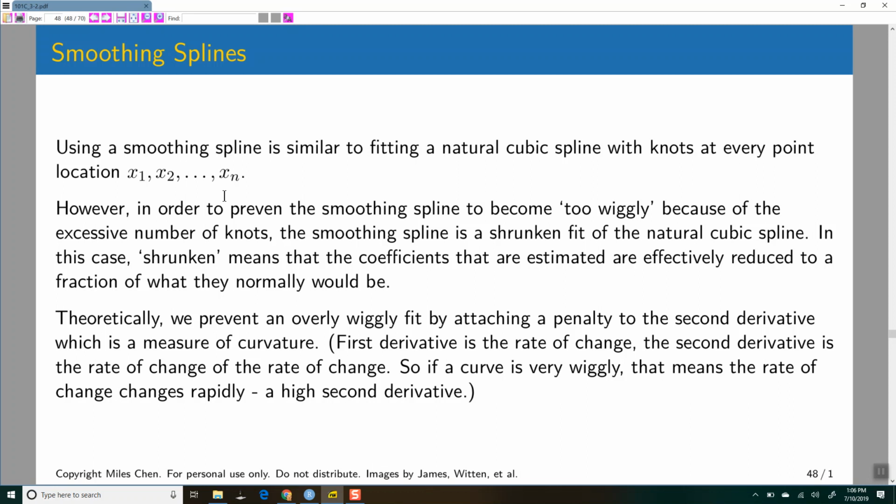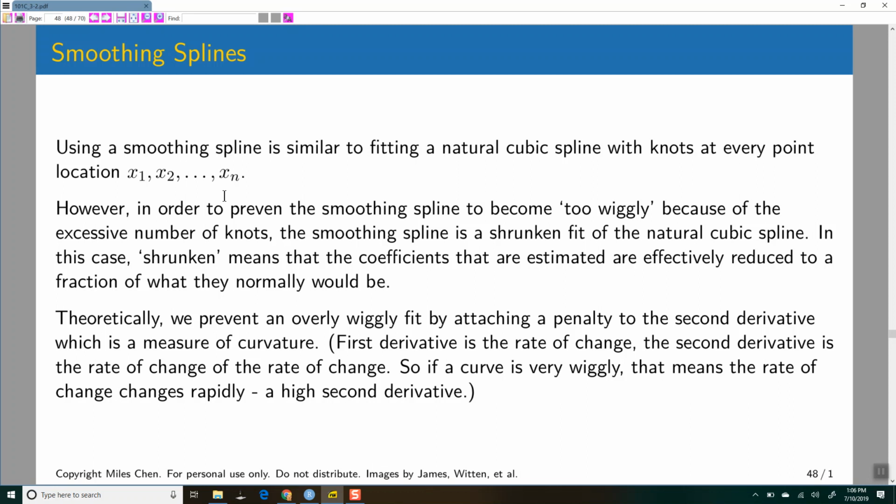So basically, it's this shrinkage method. When you fit a regular spline, you're saying let's estimate the coefficients for the different basis functions using least squares regression, right?